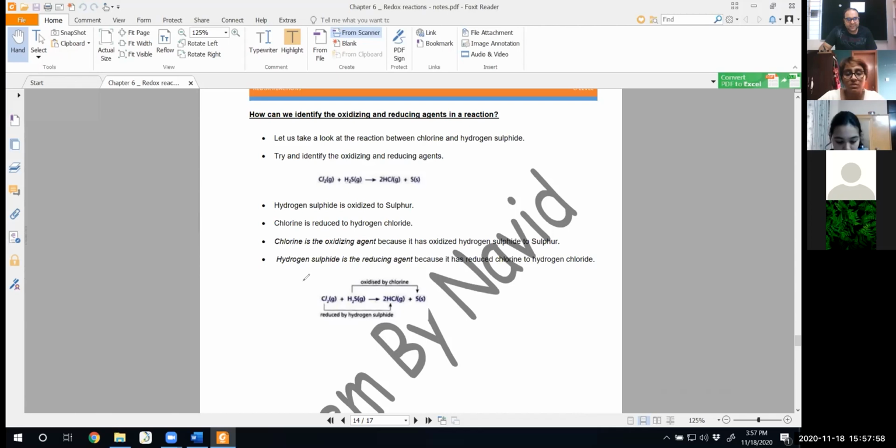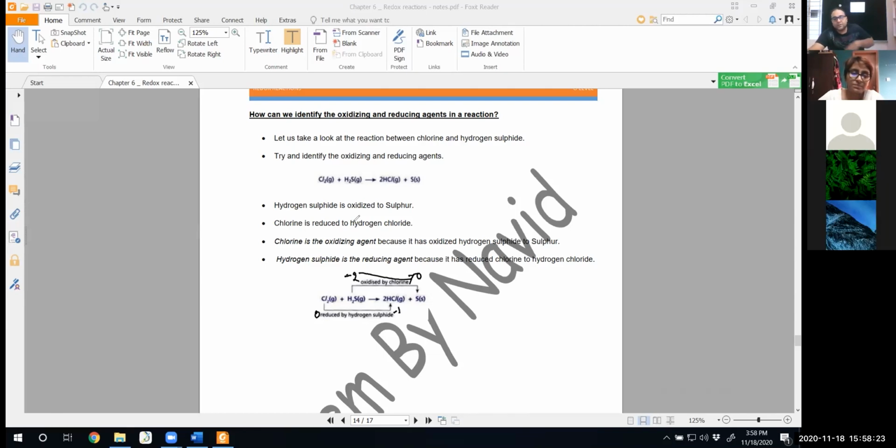So here we can see that chlorine is changing from 0 to -1. Sulfur is changing from -2 to 0. So since sulfur is being oxidized, it's acting as a what? Oxidizing agent.